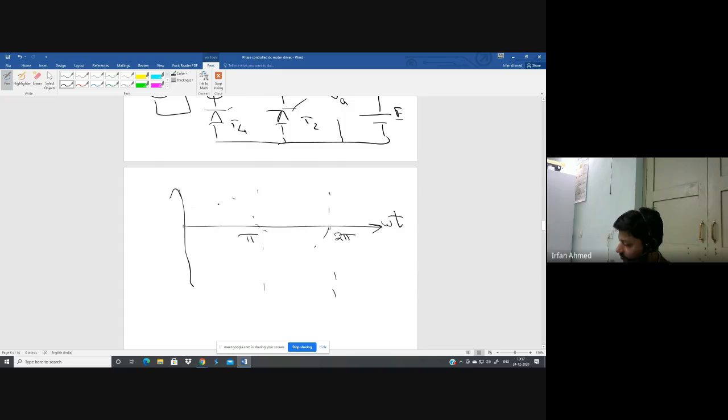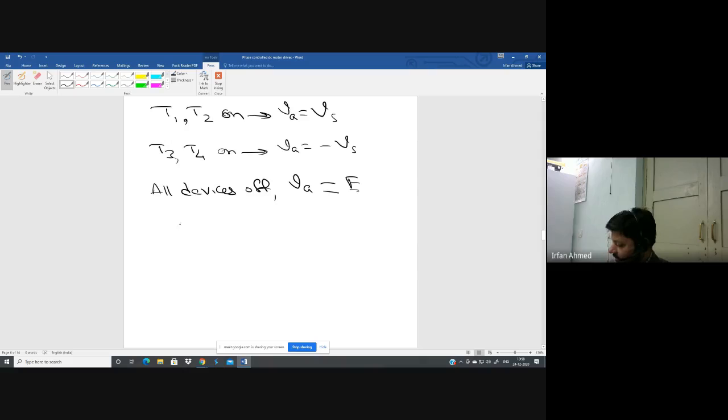Let us say this is the supply voltage Vs, this is minus Vs, and this is your back EMF E. We are drawing the waveform of armature voltage VA. This angle is theta 1. Theta 1 is the angle where the supply voltage becomes equal to E.